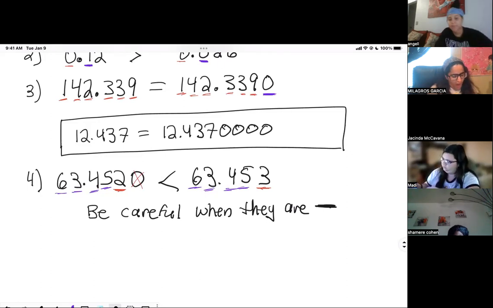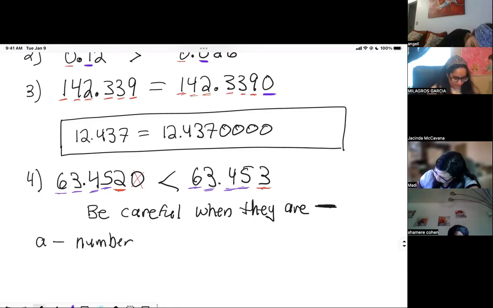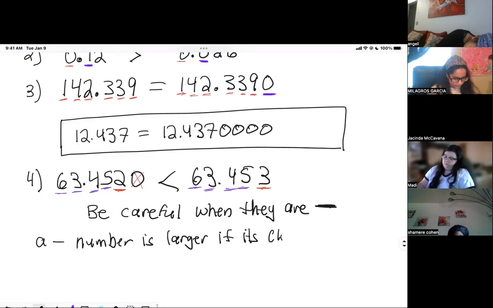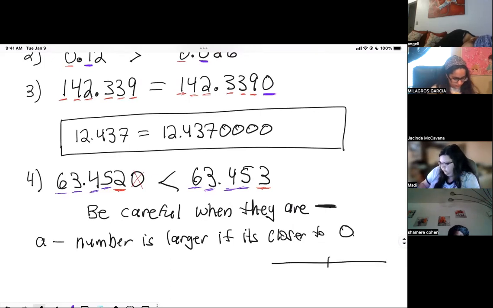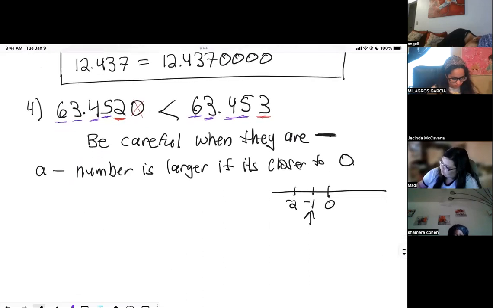A negative number is larger if it's closer to 0. So like on a number line, -1 is bigger than -2. It's closer to 0. So negatives, you got to think like backwards. Okay, so let's try one.